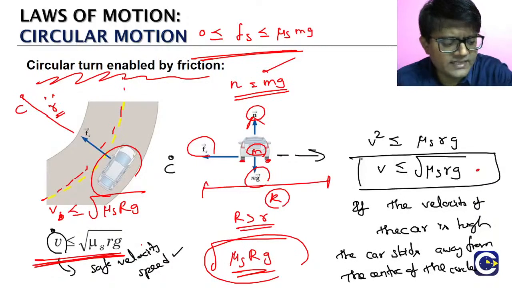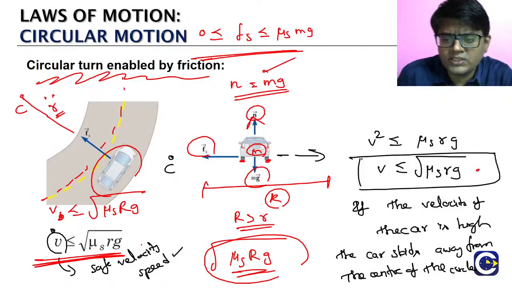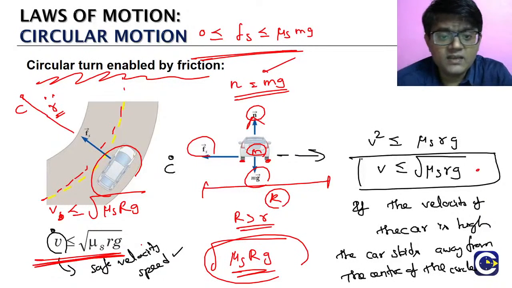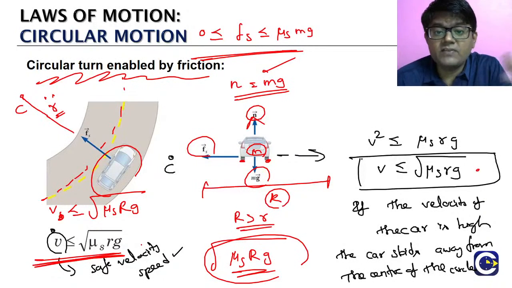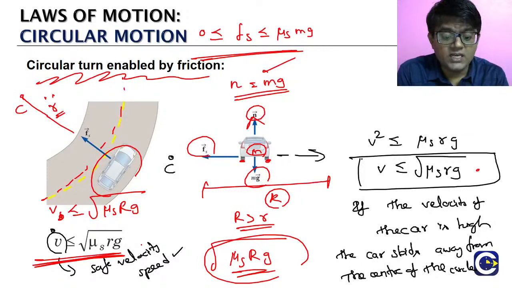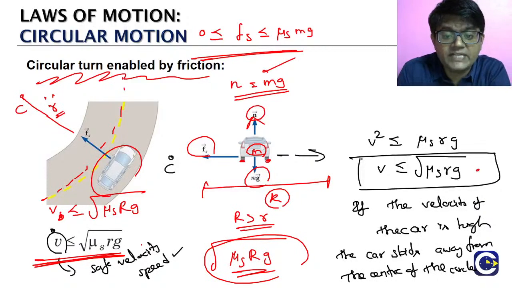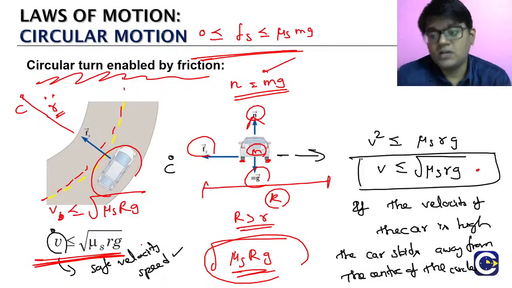So mainly if you're getting questions on this, we'll get it from the formula. They might ask what the safe speed is, or they might give us a condition, like a car has to take a turn, it's coming with this much velocity, the turn has this radius of curvature, the coefficient of static friction is this, will the car be able to take a safe turn or not?